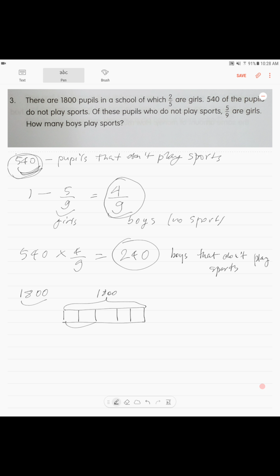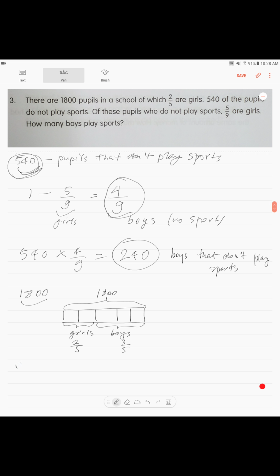We know that 2/5 are girls, and those are boys. This is 3/5, right?